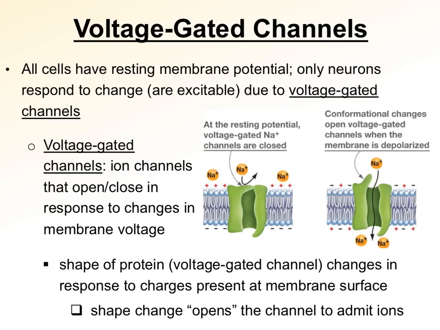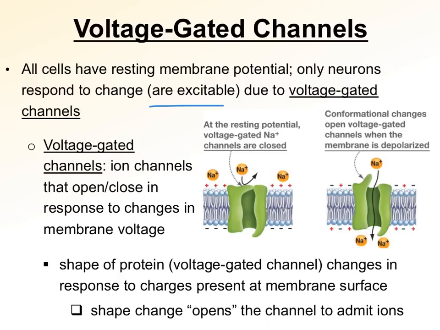Okay, so again, we talk about this resting membrane potential, and actually all cells are going to have some resting membrane potential. Sodium-potassium pumps work very hard in all of your cells, but only neurons can respond to a change in membrane potential. And their ability to respond to change makes them excitable.